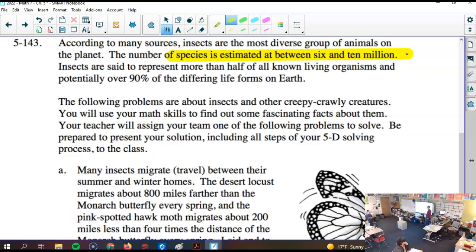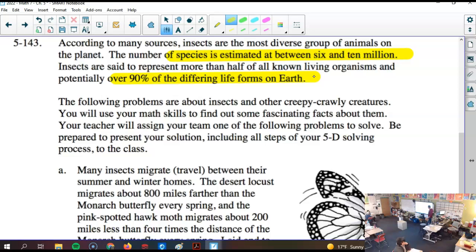That's a little crazy. Now, as you get older, you start to realize bugs are kind of everywhere. They're inside the walls of your house, crawling around all over the place. Insects are said to represent more than half of all known living organisms, and potentially over 90% of different life forms on Earth. So there are probably bugs we haven't even discovered yet.